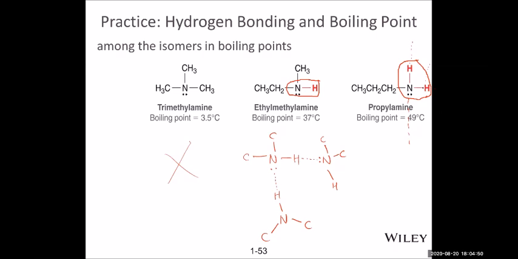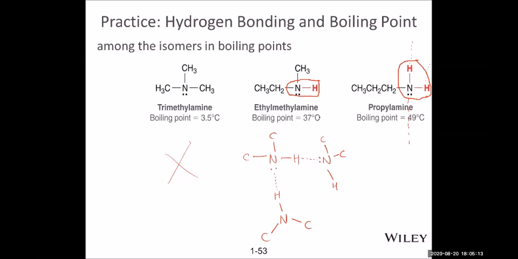So now you can see the difference. The propylamine has 2 hydrogens plus a lone pair, so it can form 3 hydrogen bondings per 1 molecule, whereas the ethylmethylamine can only have 2 hydrogen bondings. So that explains why the propylamine has the highest boiling point.